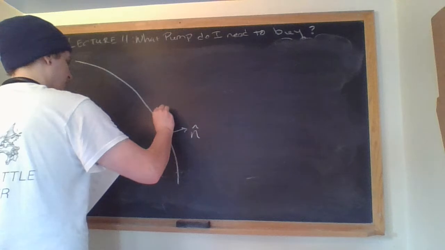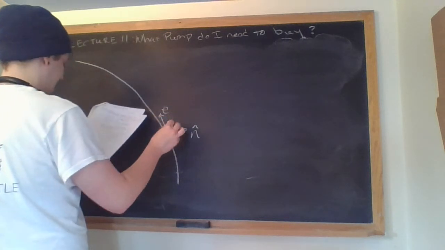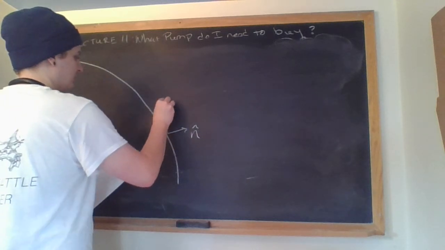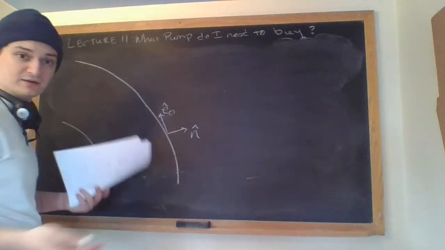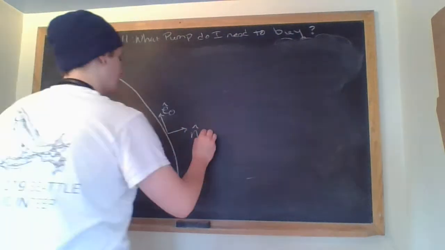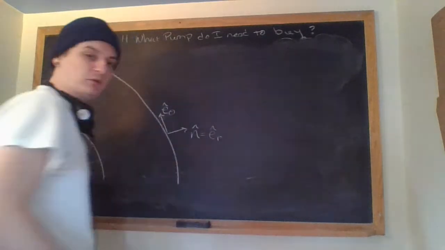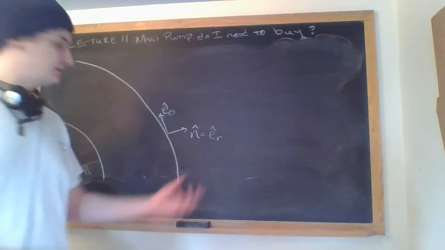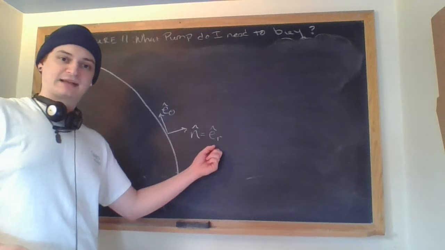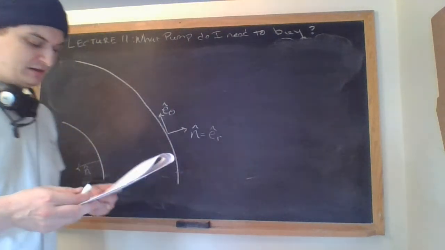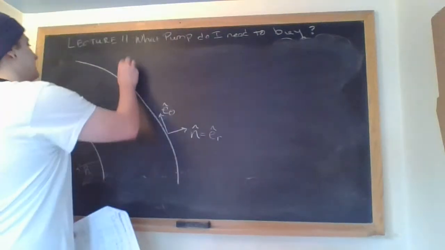Some good coordinates are the radial system. If it's a radial system, that would mean that the normal vector is equal to one of the principal axes of your coordinate system. Makes things nicer. This is the boundary.